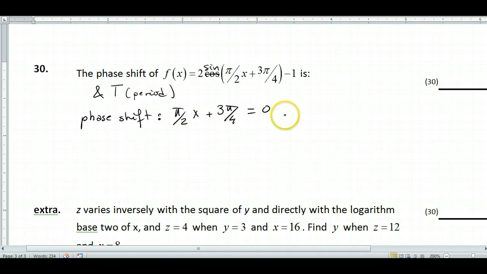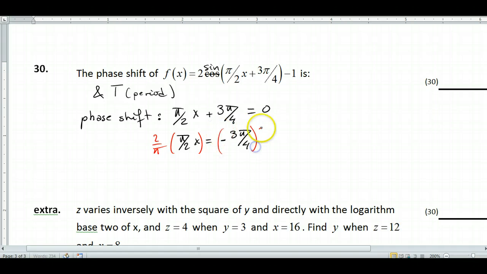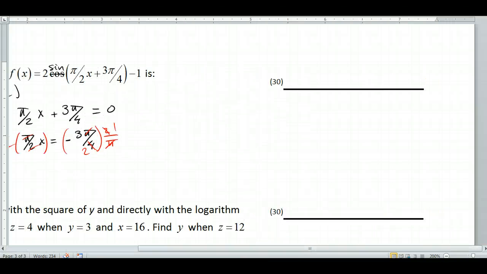We have pi over 2 x equals -3 pi over 4, and here I'm going to multiply both sides by 2 over pi. So here there's nothing left, it's 1, and here this is a 2, this is a 1, so -3/2. Phase shift, -3/2.